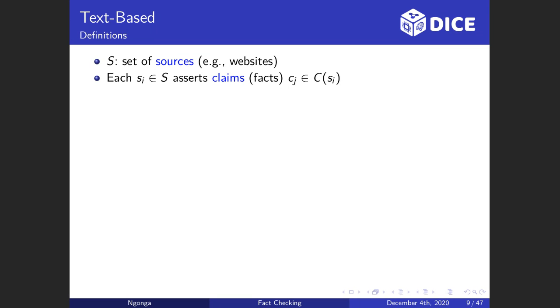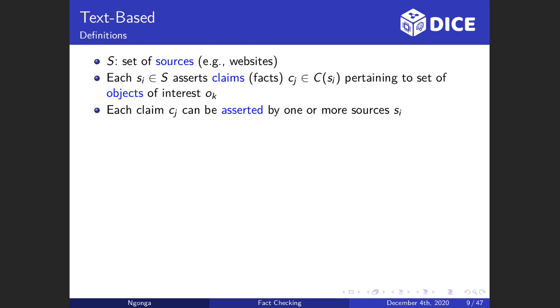So each s_i belonging to S asserts a certain claim, and we're going to call the claim c_j, and we're going to say that c_j belongs to C of s_i to basically mean that c_j is one of the claims found in the document s_i. Obviously c_j is going to talk about particular things, particular resources, and these resources we're going to call o_k. So they talk about particular objects of interest. So you have three indices here: s_i, c_j, and o_k.